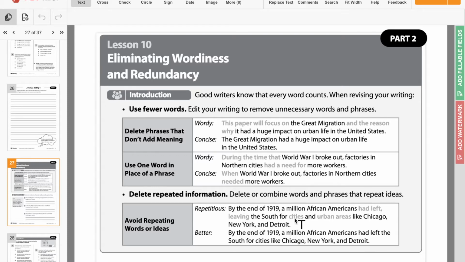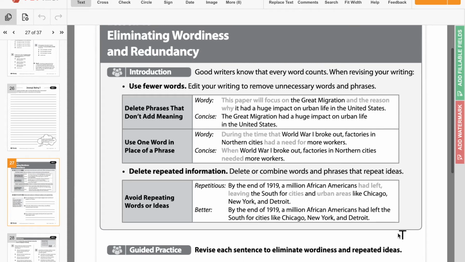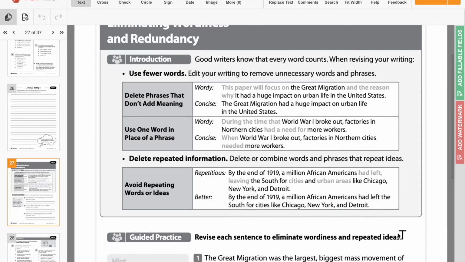Then "cities" and "urban areas" also mean the same thing. It's not necessary to have both of those in there. So they changed it to say "by the end of 1919, 1 million African Americans had left the South for cities like Chicago, New York, and Detroit." They took out "leaving" and "urban areas." So it's just taking out things that mean the same exact thing, because we already know what you're trying to say. You don't have to tell us twice.